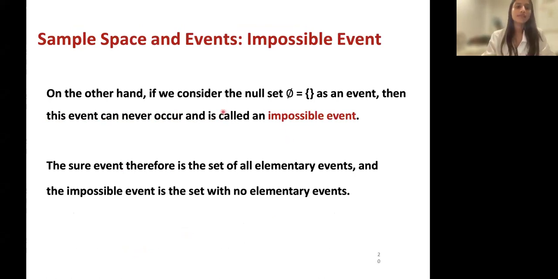On the other hand, if we consider a null set as an event, then this event can never occur. It's called an impossible event. It's denoted by an empty set, the null set. So the sure event is the set of all elementary events, and the impossible event is an empty set with no elementary elements.